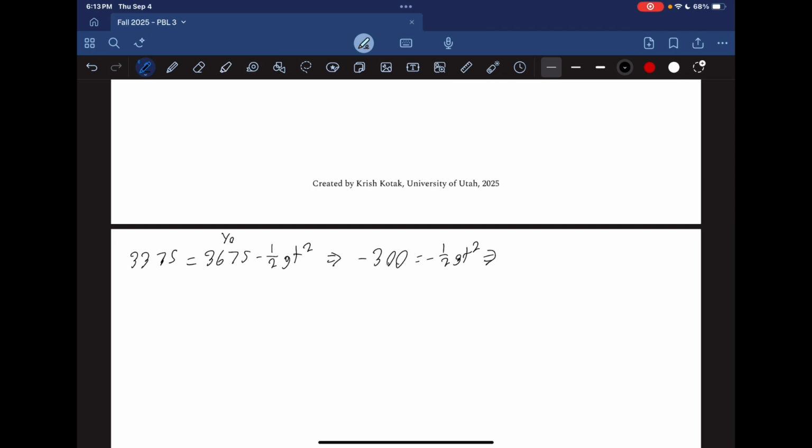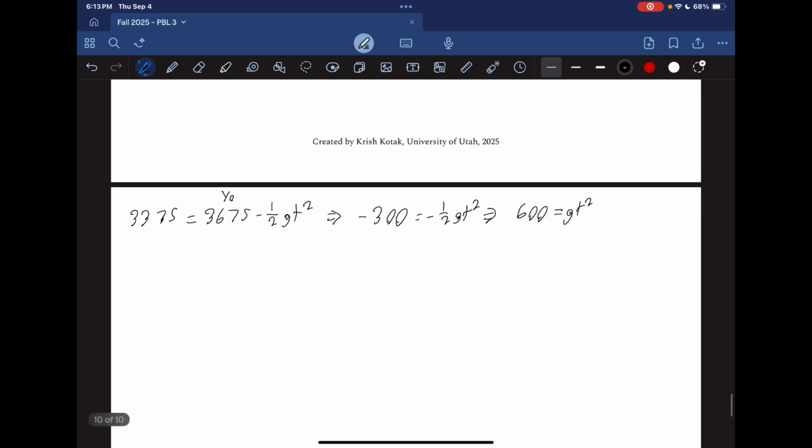Multiply both sides by -2, and we get that 600 equals g t squared. Divide both sides by g. So we get 600 over g equals t squared. Take the square root of both sides, and we get t equals the square root of 600 over g, where g is 9.8 meters per second squared. If you plug that into the calculator, you'll get that it's about 7.82 seconds of time.